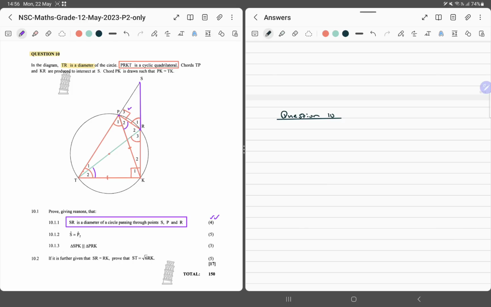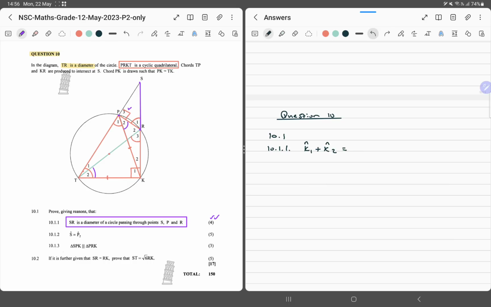So all we can say here is that we need to prove that K1 plus K2 is 90 degrees. So we've got 10.1.1. We know that angle K1 plus angle K2 are equal to angle P3.